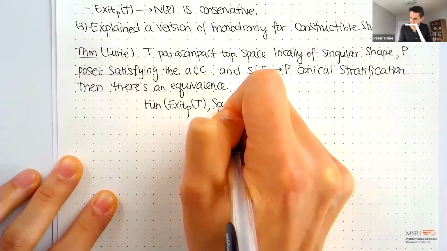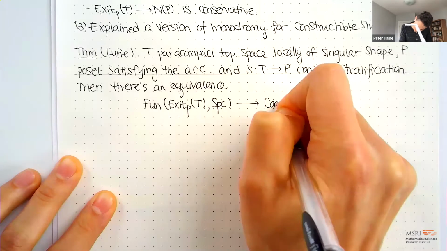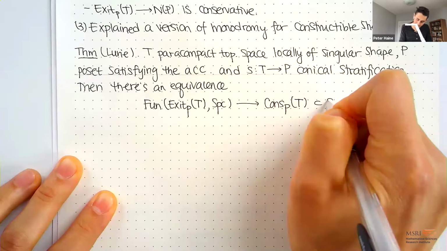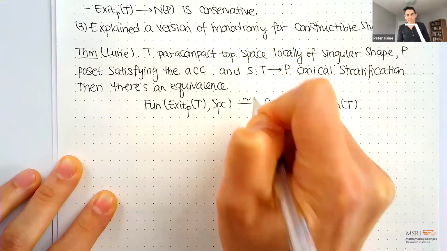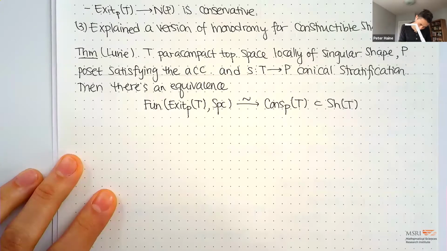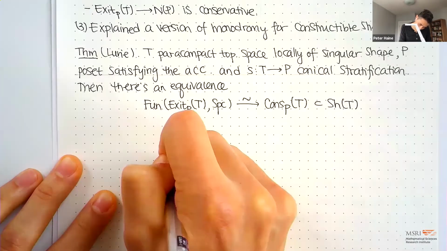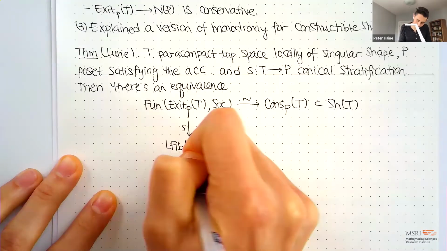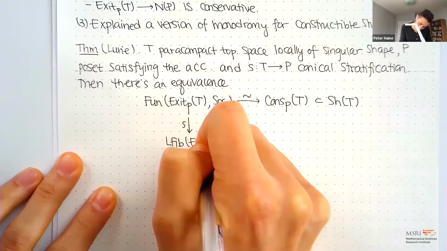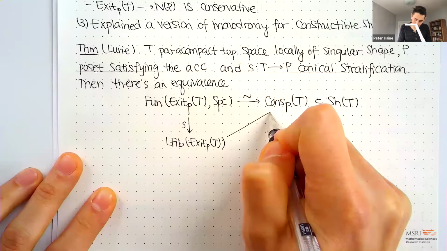And then on the other hand, you have sheaves that are constructible with respect to the stratification. And how does this equivalence work? Well, by straightening and unstraightening, this is equivalent to left fibrations over this exit P of T. And there's a functor that I'll define that way that's an equivalence.